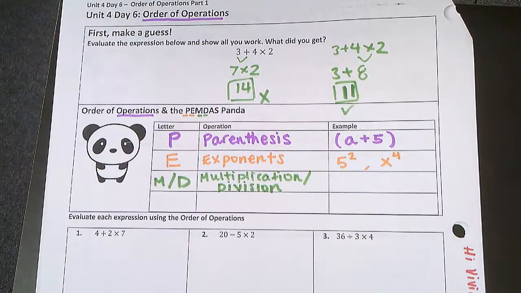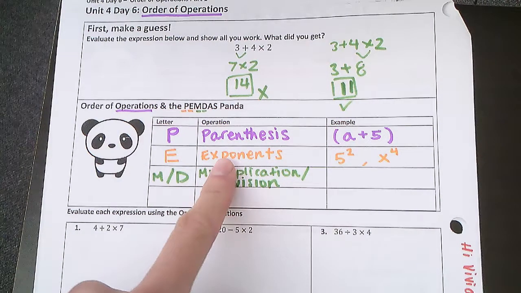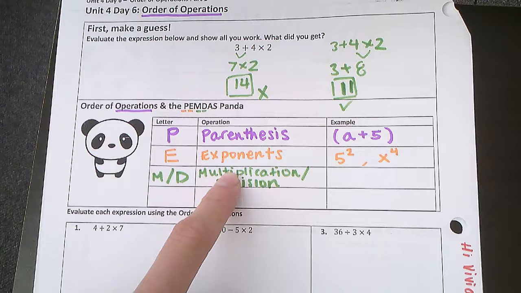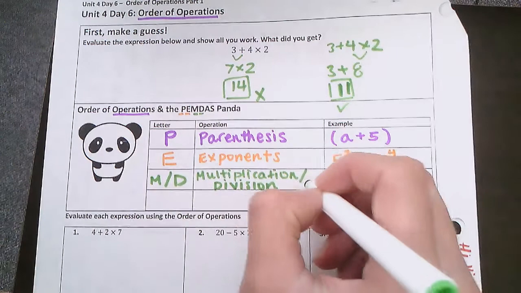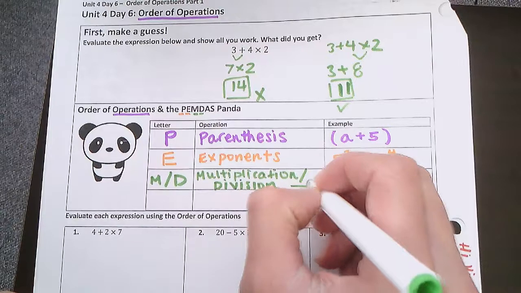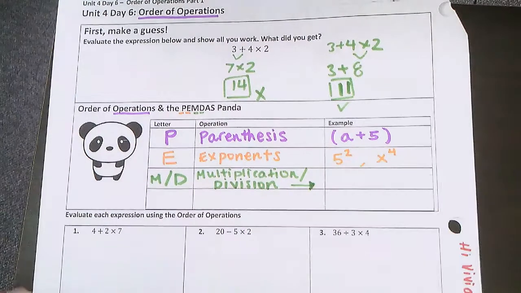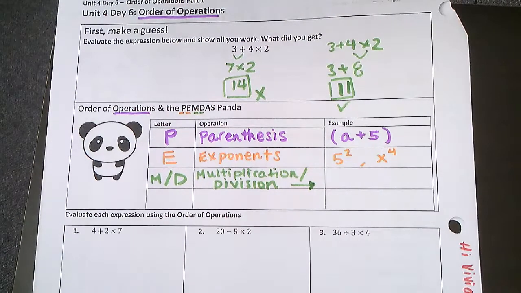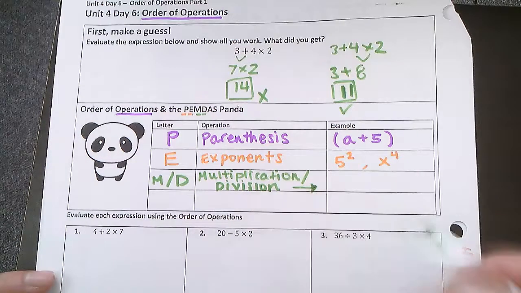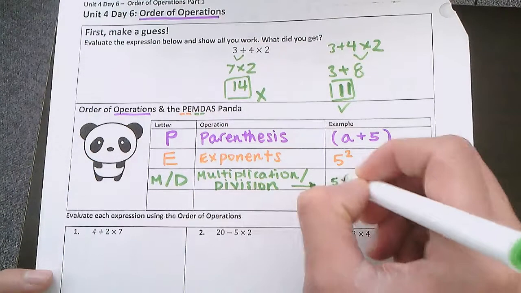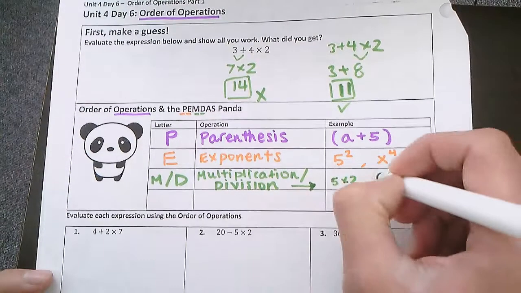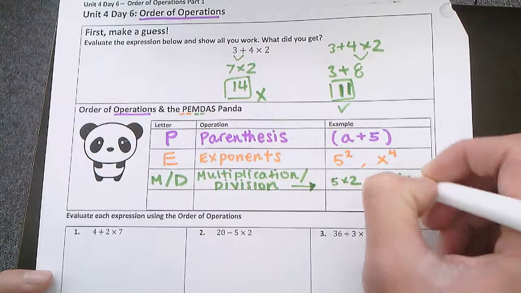So after you've solved any parentheses and then any exponents, the next thing you're going to solve is any multiplication or division. And I want you to draw a little arrow like this, because you're going to solve it from left to right. Examples of multiplication or division might be 5 times 2, or 40 divided by 10.